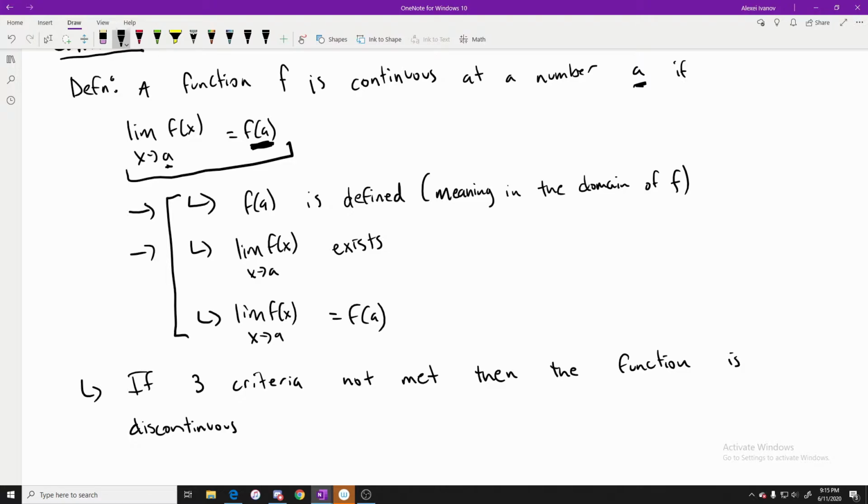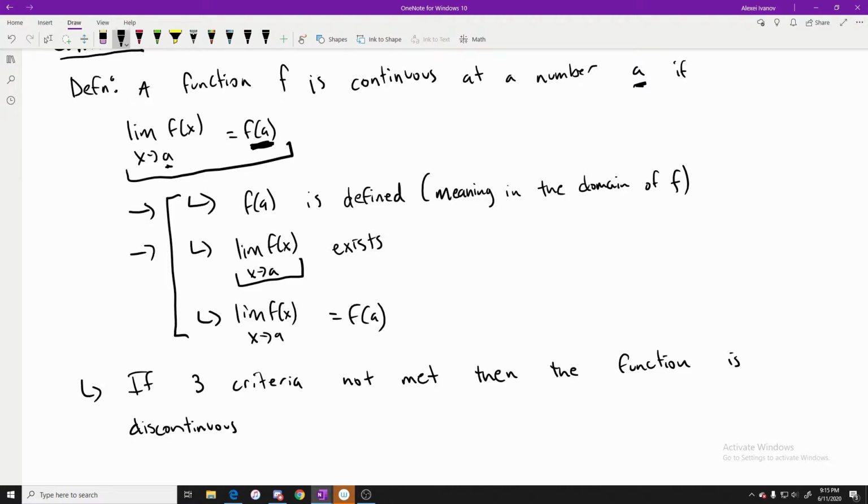This next point right here, where the limit of f of x as x approaches a exists, would mean that the limit from the left side and the limit from the right side both exist, and they both equal this limit itself, meaning that the graph from both the right side of a and the left side of a is approaching the same value. This means that the graph will be continuous at that point.